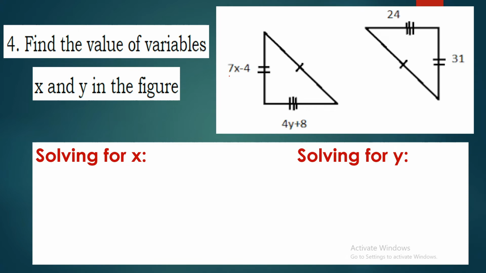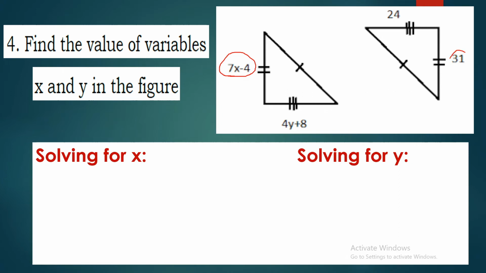Considering the sides with the variable x, we have this side with measure 7x minus 4. Take note that it has 2 tick marks. That means it is congruent to the side with 2 tick marks also on the other triangle.